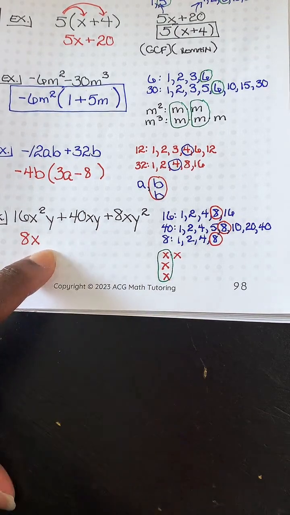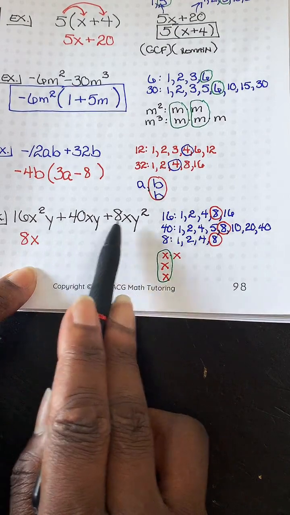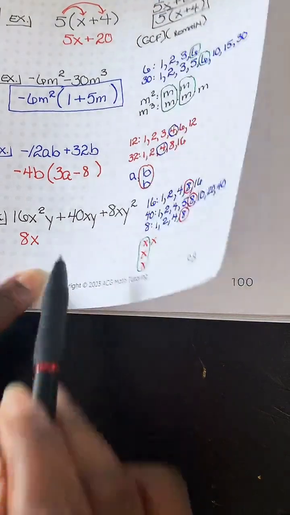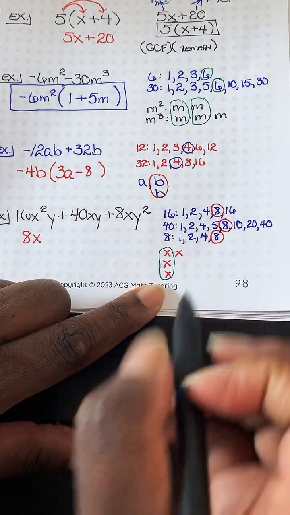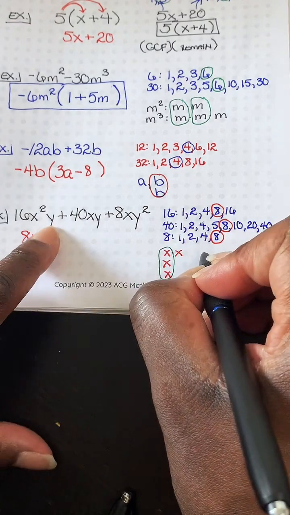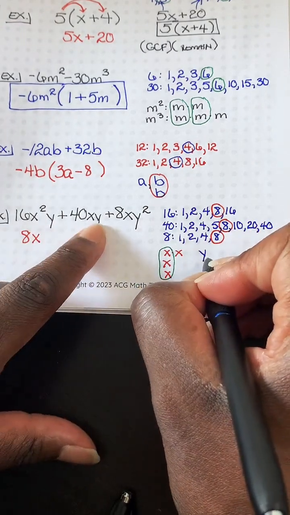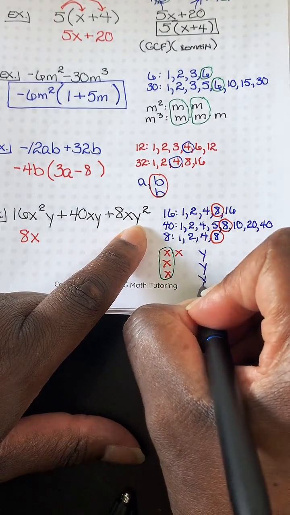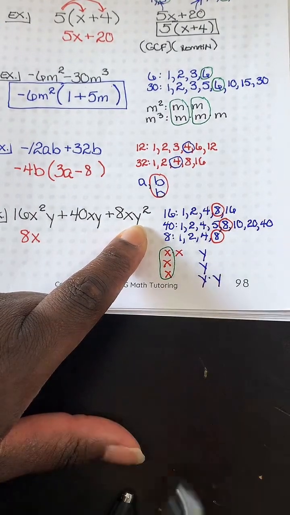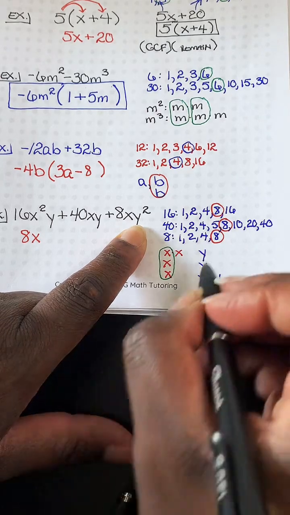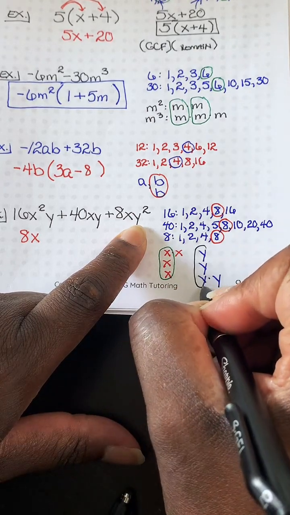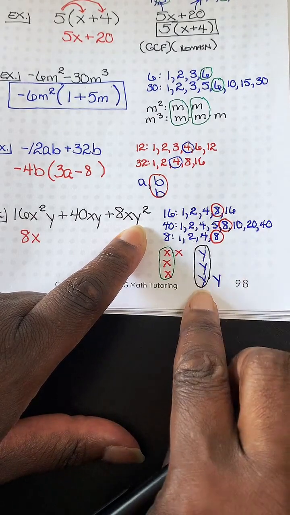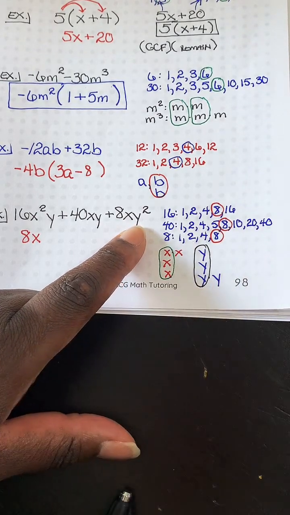Do they all have a y? Yes, they do. I have 1 y for the first one, 1 y for the second one, and y squared tells me y times y. But how many y's do I have in common? 1 set of y's.